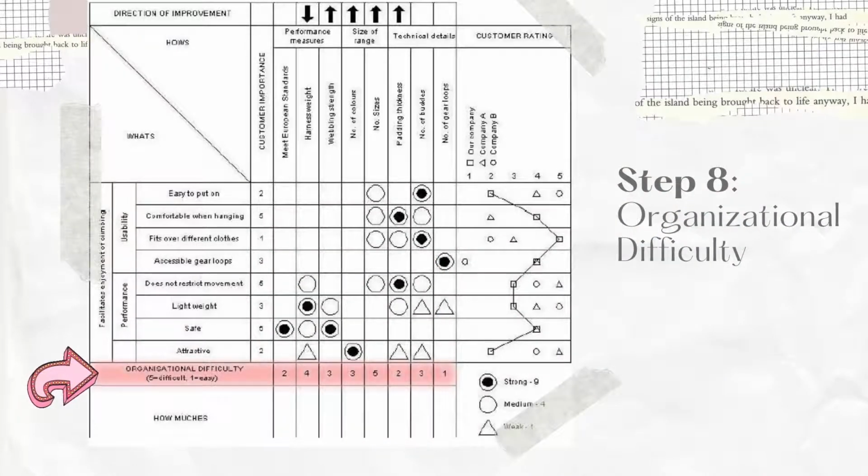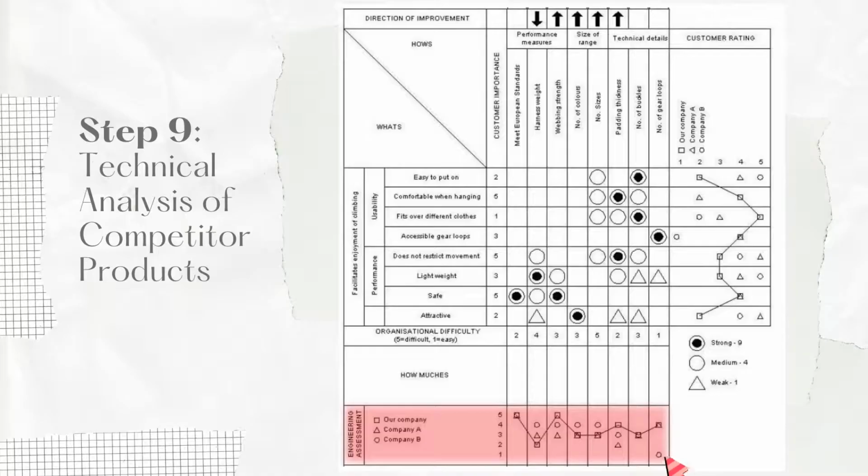The eighth step is organizational difficulty, and as its name implies, it is to qualify the attributes of the design in terms of difficulty. The ninth step is technical analysis of competitor products, and this process involves knowing the engineering of the competitor's products to determine specific values for the technical descriptors of the competition.